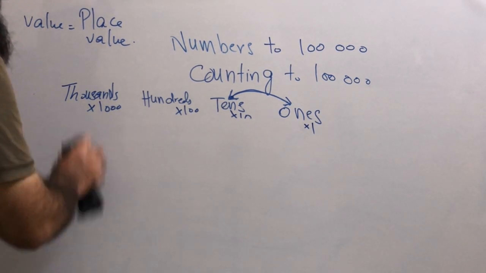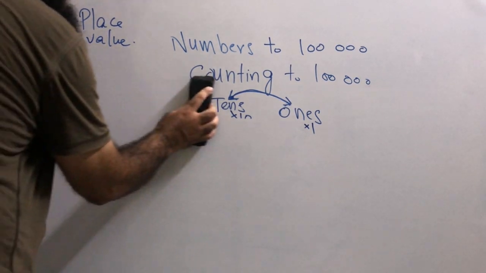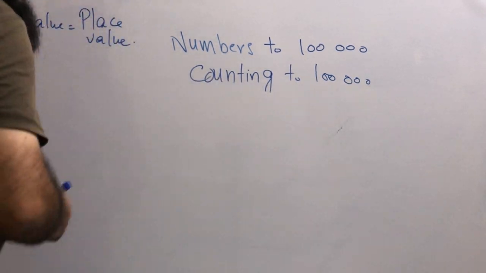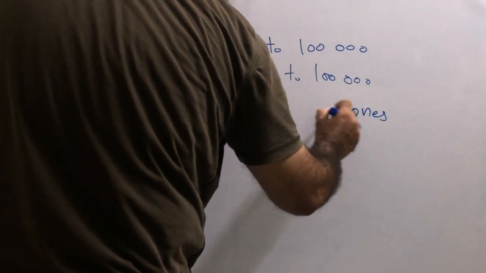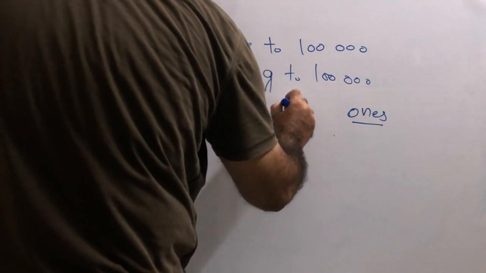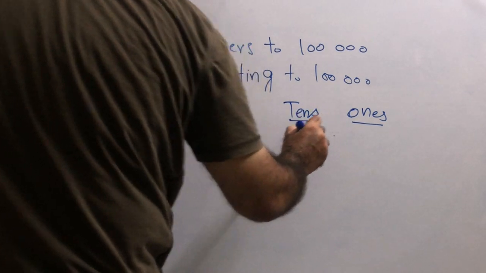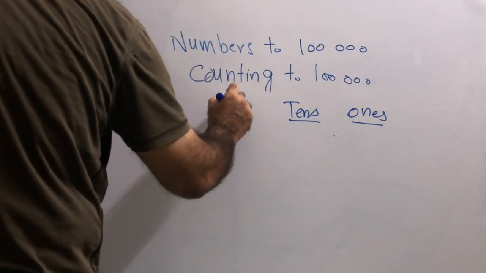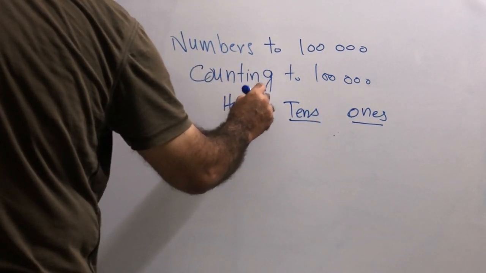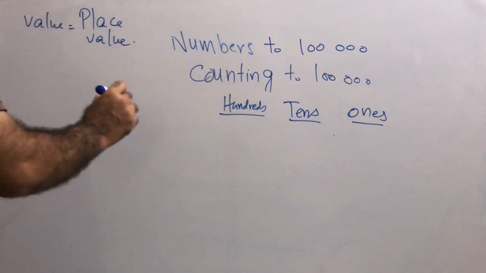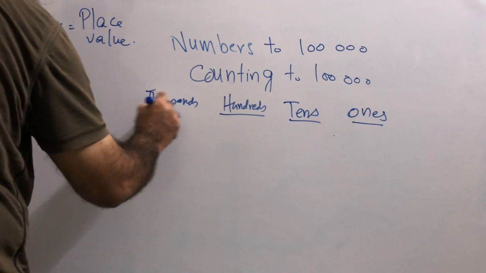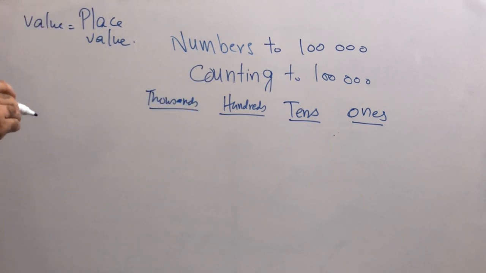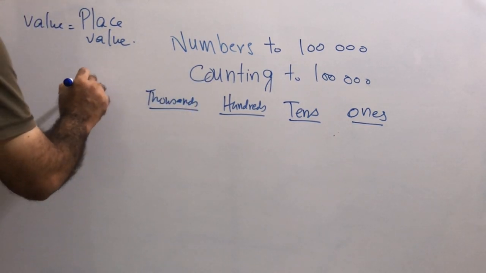I'll rewrite because we have less space, so that things should be clear to you. Here, ones, then tens, then comes hundreds, then comes thousands, okay, and then comes 10,000s.